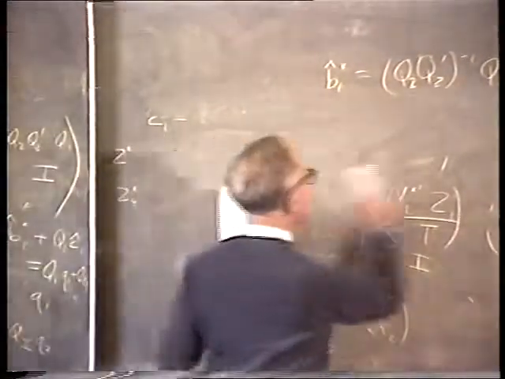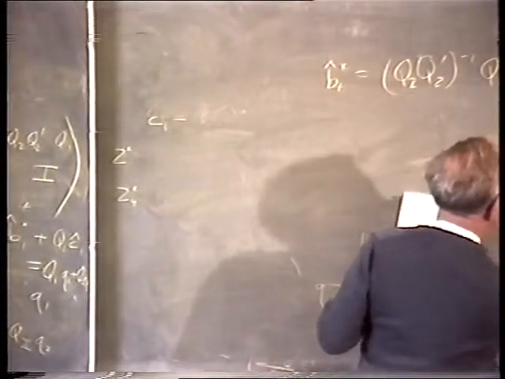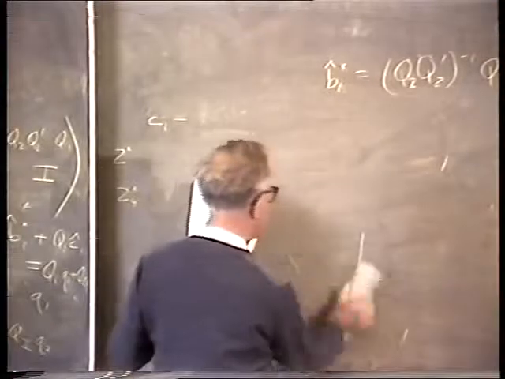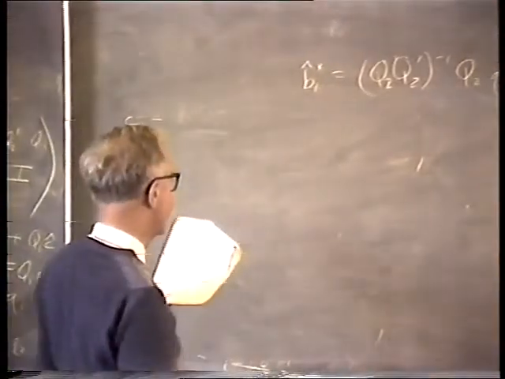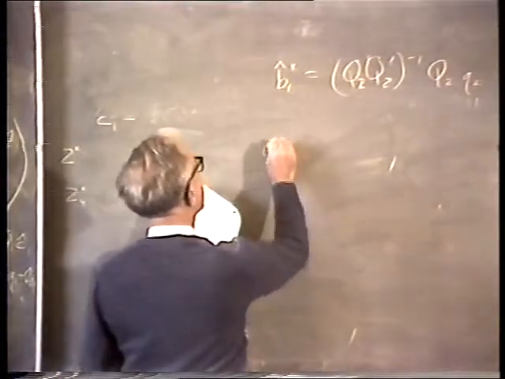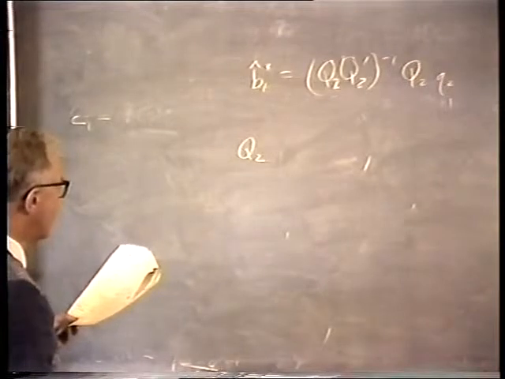Let me now fill in again the algebra of what I was just stating. Let us have a look at any element of the Q2 matrix and take any particular column.